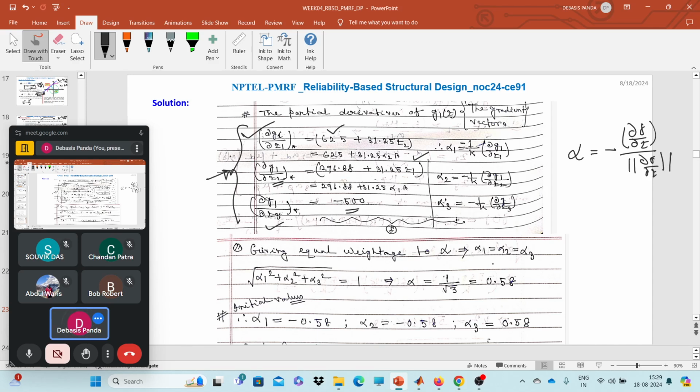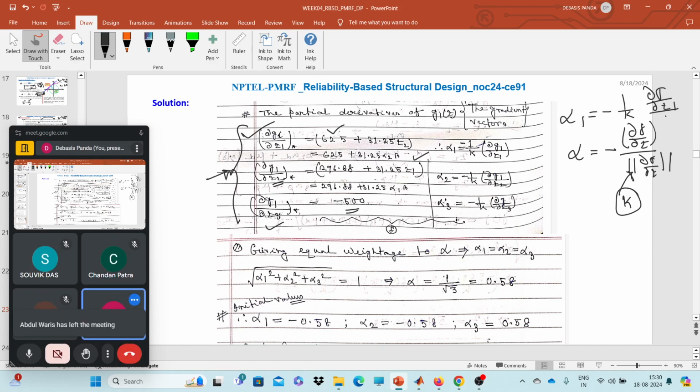Yes or no? We have that formula. Let's consider the Euclidean norm as k for now. So alpha 1 will be nothing but minus 1 by k times the first derivative of the limit state function with respect to the first variable. Yes or no? That's all.